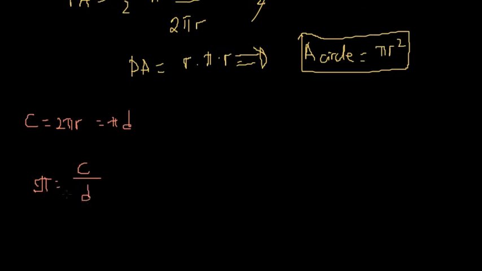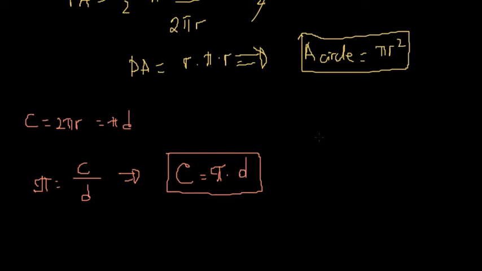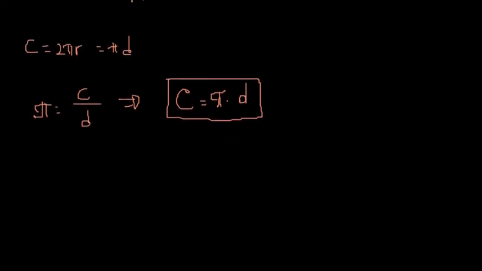This ratio always gives the same value, which is pi, and from here we say that the circumference of any circle is equal to pi multiplied by the diameter of this circle. So we are good with two equations.